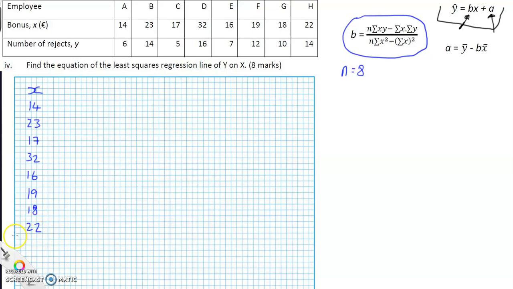Those are our x values. Down at the bottom we add them all up to get the sum of our x values. For the sum of the x values I got 161.